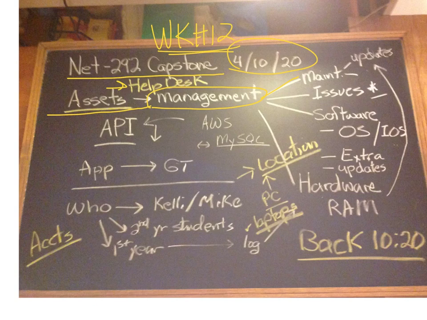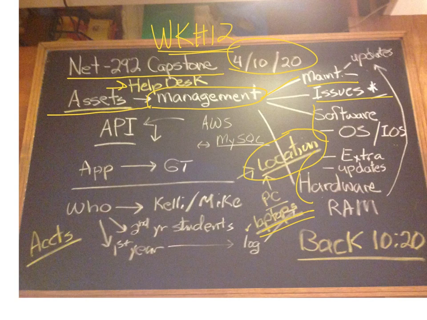So we talked about maintenance, being able to report issues, what software is on our assets, what hardware, and then after we got into the presentation, we talked about locations. We had a presentation on asset management.